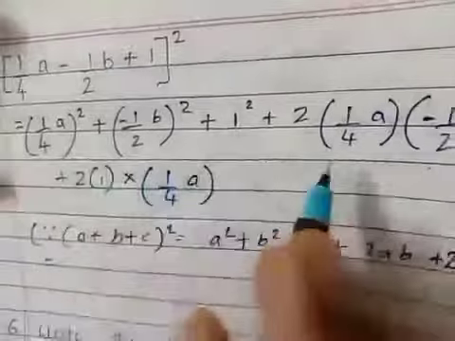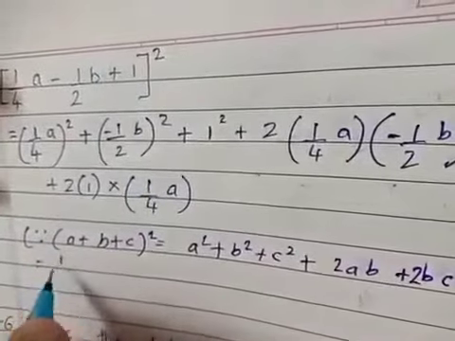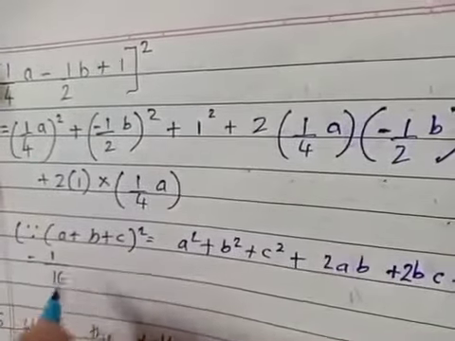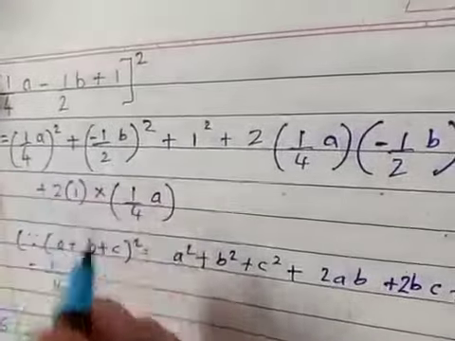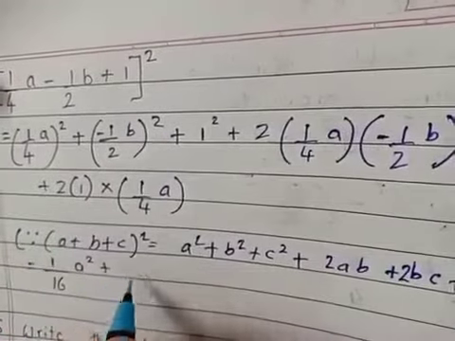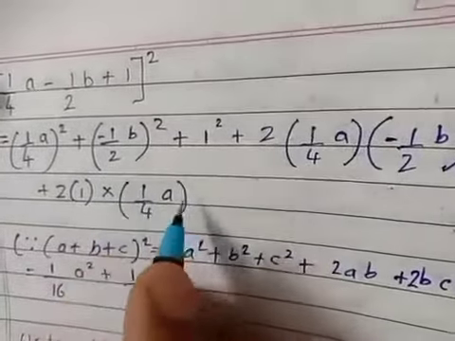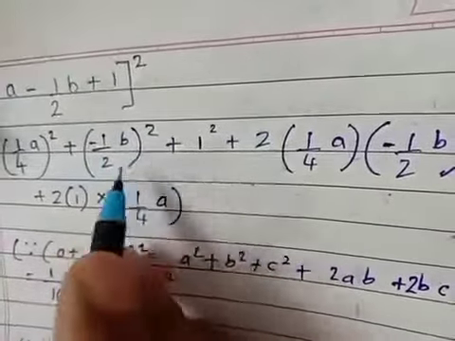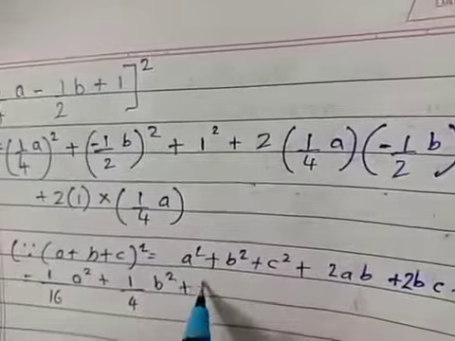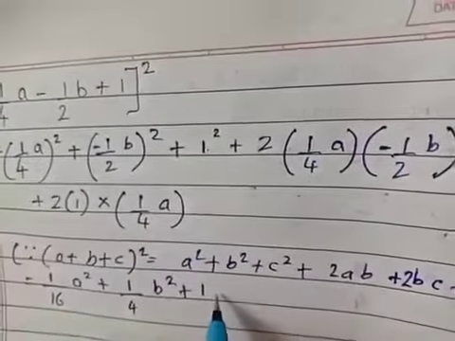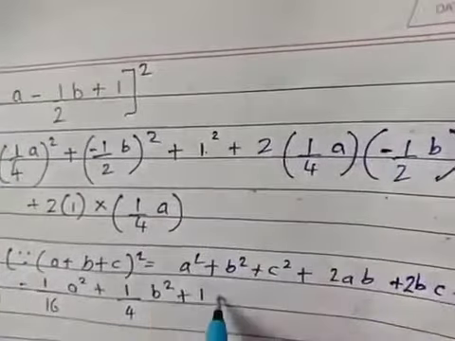Now if we solve this, if you open the brackets, what will be? 4 square 16, and a into a is a square, plus 1/2 square is 4, b into b is b square, minus will become plus. Plus 1. Then minus plus plus is minus.